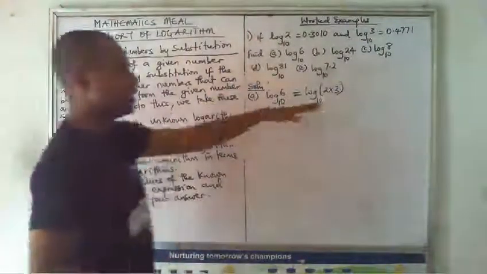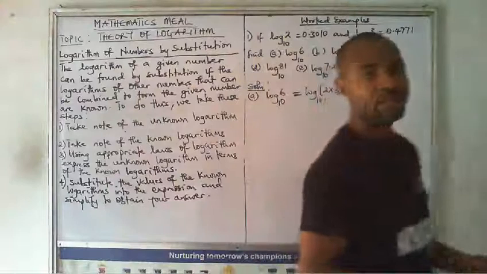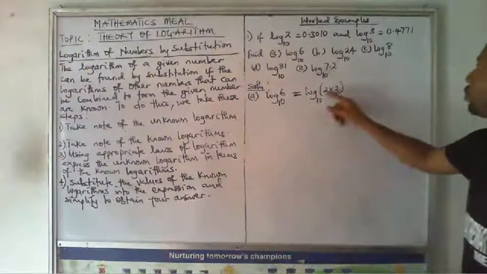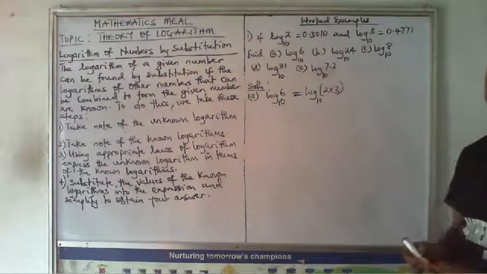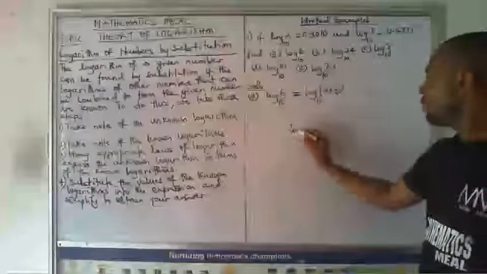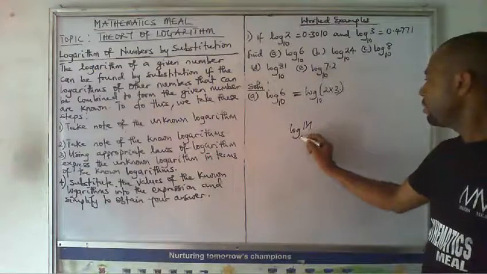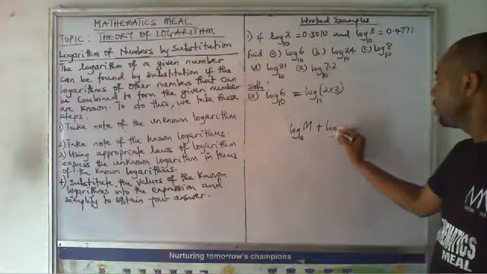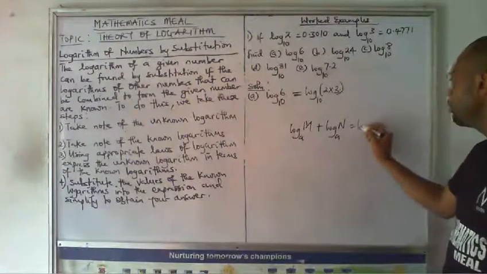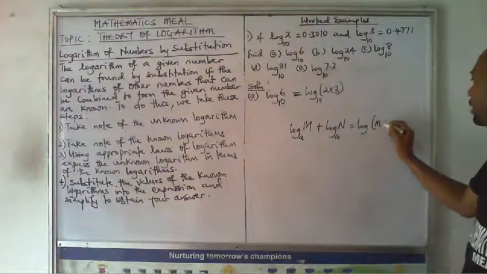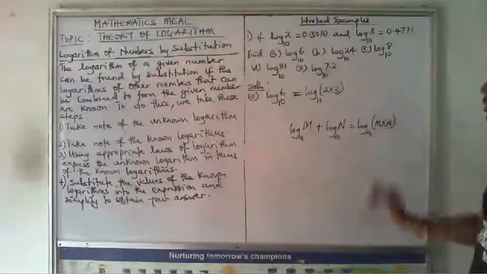We have not finished the expression, because we don't know log of 2 times 3 as it stands. What we know is the logarithm of 2. Now you remember our first law in logarithm: log m in base a plus log n in base a will give me log of m times n in base a.